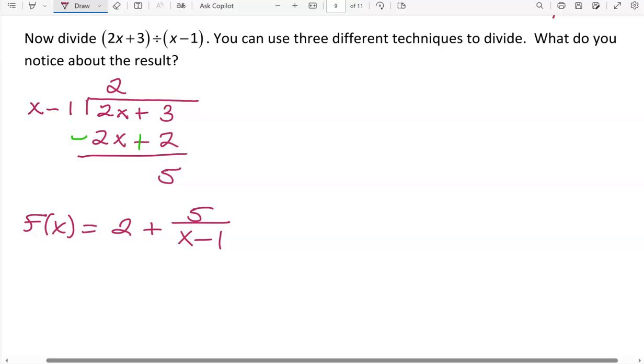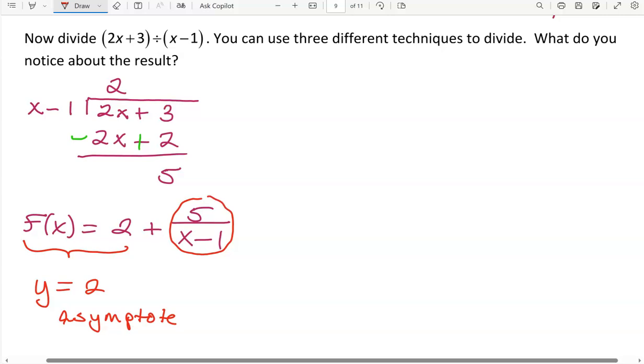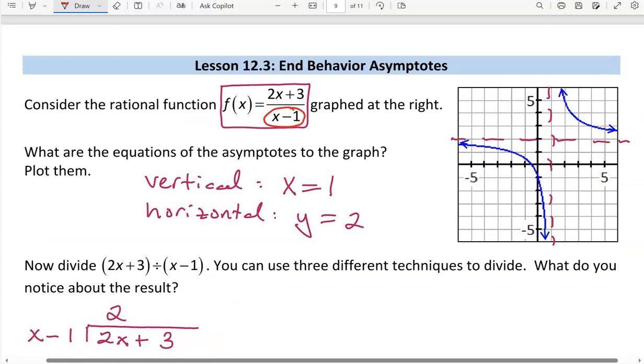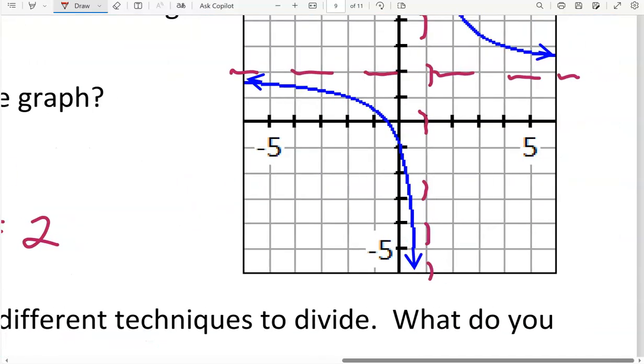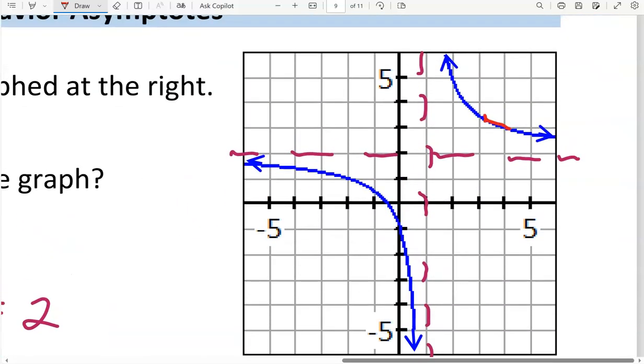And you'll notice that that correlates with our horizontal asymptote y equals 2. And the reason that that correlates is because the remainder divided by the divisor is very small for values of x that are quite large, and large values of x can be found on the right side of the graph, and on the right side of the graph, the y values are approaching 2.